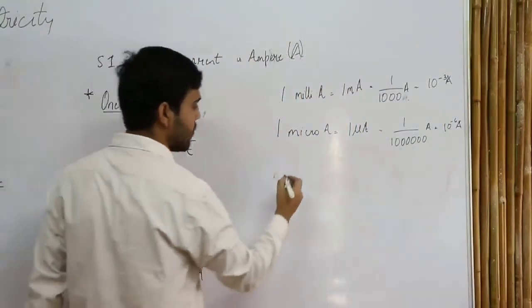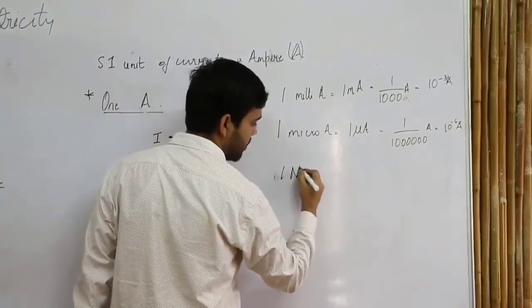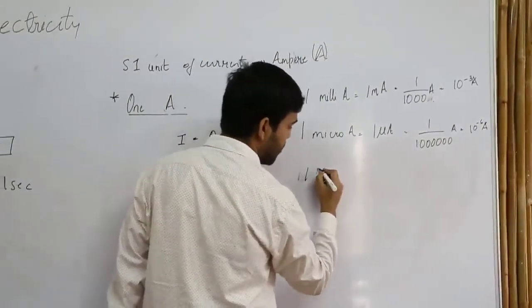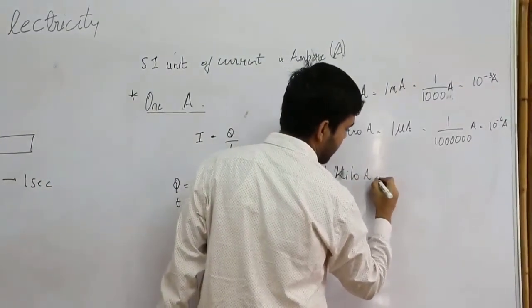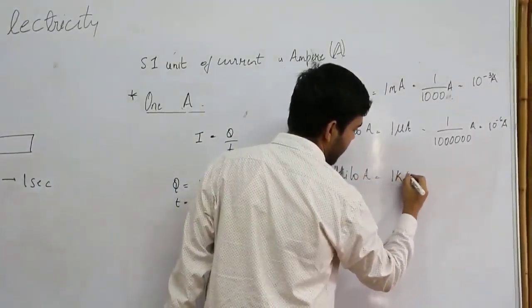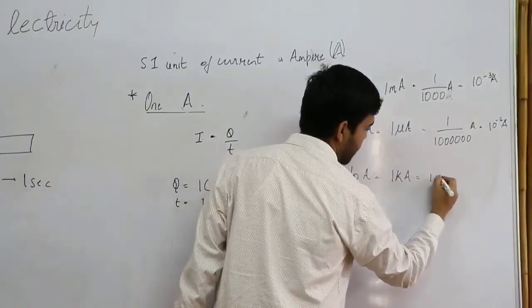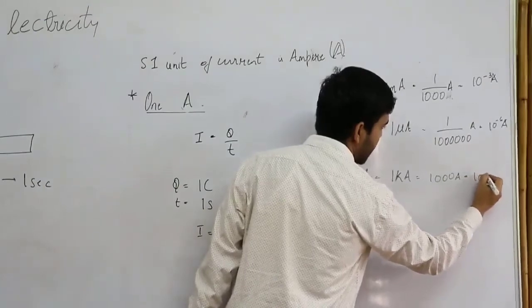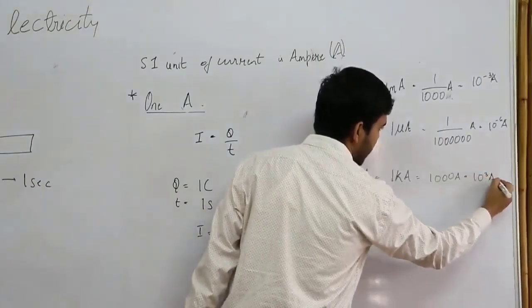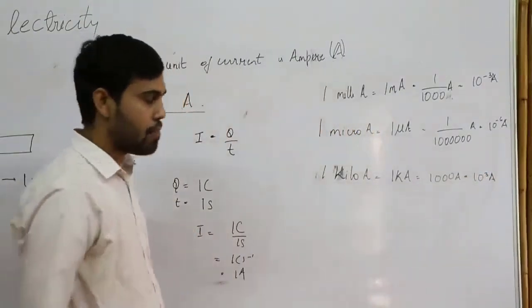I have bigger units of ampere like your mega ampere. First you have your kilo ampere. So I have 1 kA. This will be 1000 ampere, or I can also write this as 10 to the power 3 A. I have mega ampere.